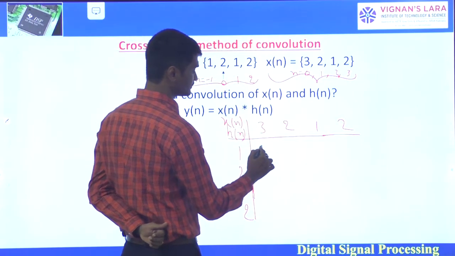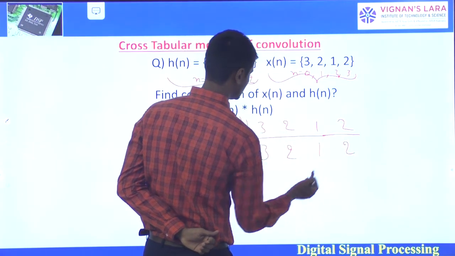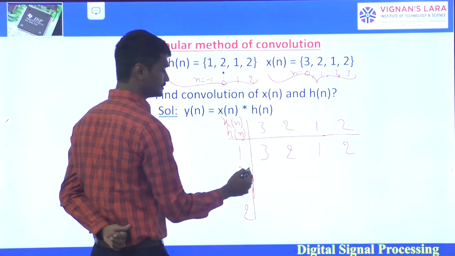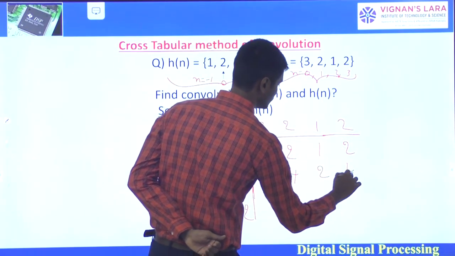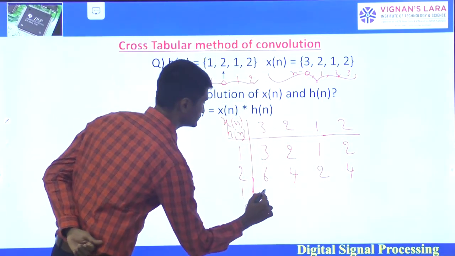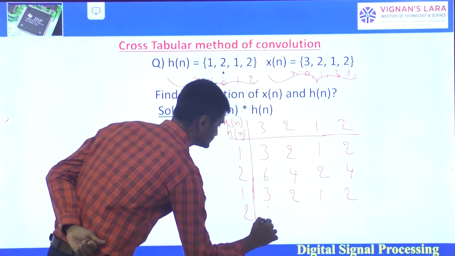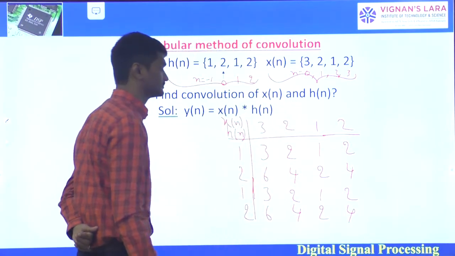So 1 into 3, 1 into 2, 1 into 1, 1 into 2. Similarly, multiply all the samples of x of n with 2: 6 4 2 4. Like that, continue for each row.